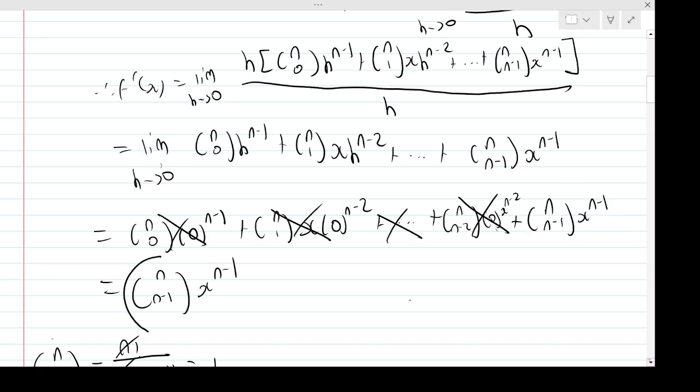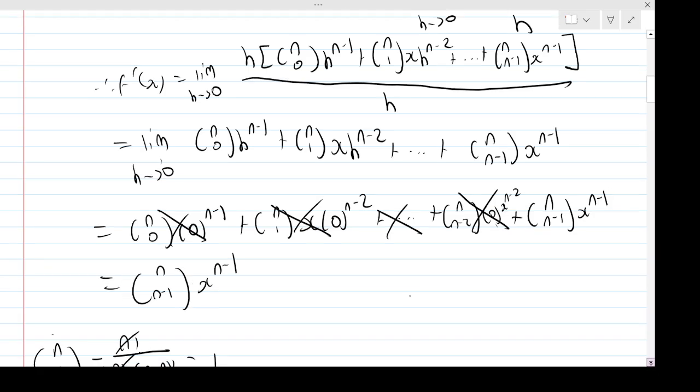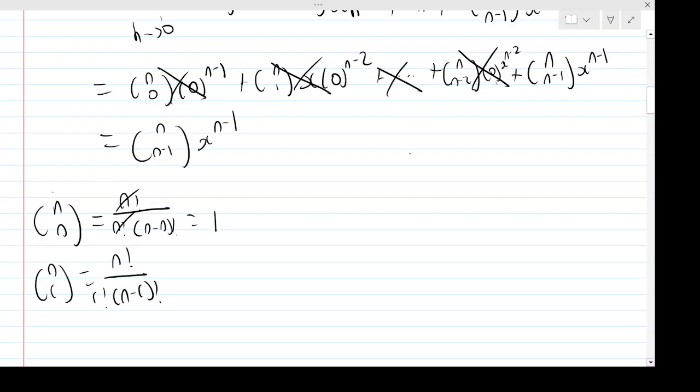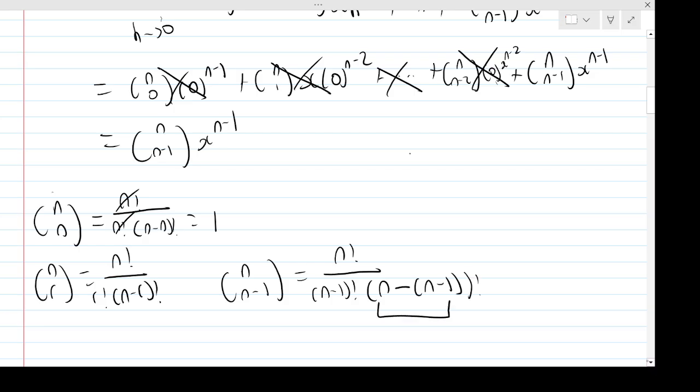We can actually simplify this coefficient as well, n choose n minus 1. If I go back to my n choose r formula, we can see what happens. It's going to be n factorial over n minus 1 factorial, times n minus n minus 1, factorial. But we can firstly simplify this bit. We can expand this little inner bracket here, because minus lots of n minus 1 is minus n plus 1, and then the n minus n cancels out.